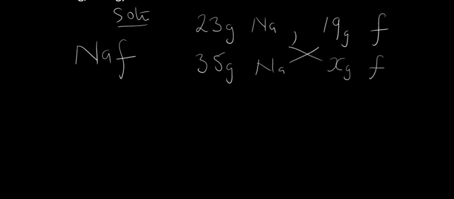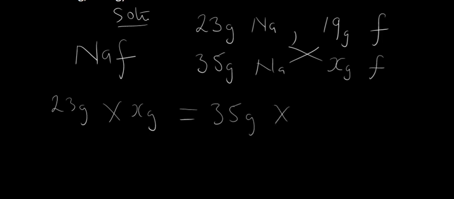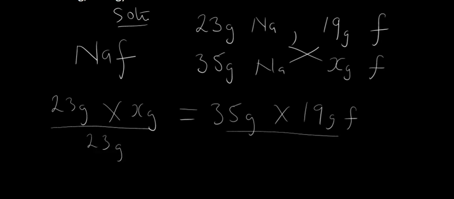Just cross multiply. So we have 23 grams multiplying by X gram of fluorine will be equal to 35 grams of sodium multiplying with 19 grams of fluorine. So we are looking for X. So you divide both sides by what? 23 gram. This 23 gram cancels this 23 gram.